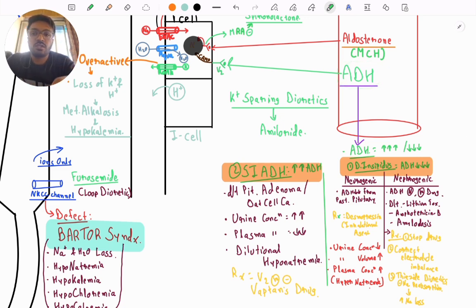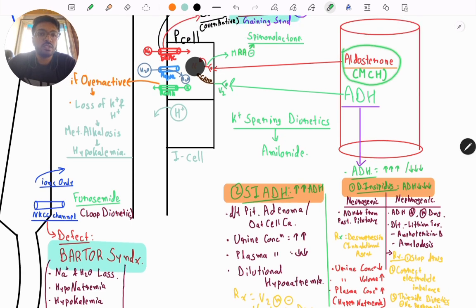So there will be more water loss into urine. Then it will lead to more urine volume and less urine concentration. Opposite to it, we will have high plasma concentration, and it can also lead to hypernatremia, because water is getting lost and we will be having dehydration.